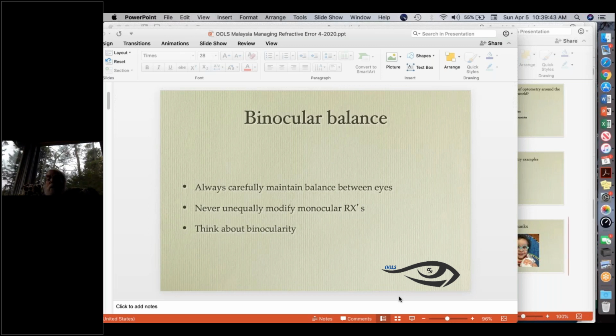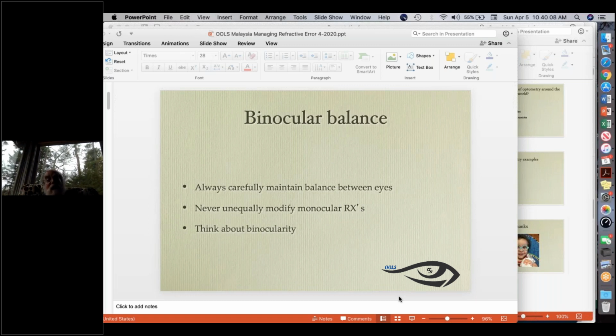In other words, I'm going back and forth with my retinoscopic beam really fast across both eyes, and I'm equalizing that reflex. I'm providing a little plus or a little minus, whatever I need to, in order to simultaneously have equal amount of neutrality at the same point.